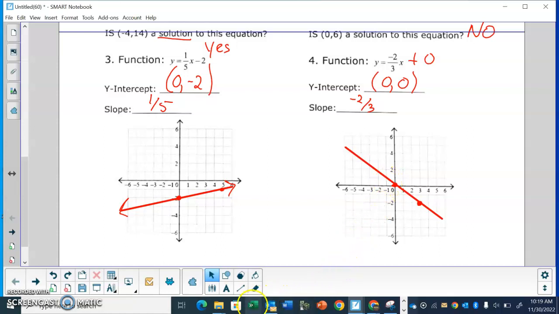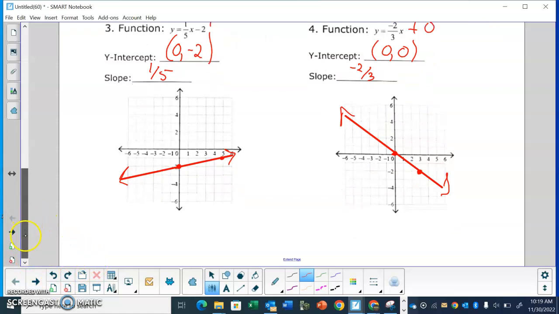Like that, and put our arrows on the end. And there you have it. Okay, so we're able to graph functions using a point and the slope. Please do the practice in MathSpace on this, and I will be posting another video shortly.